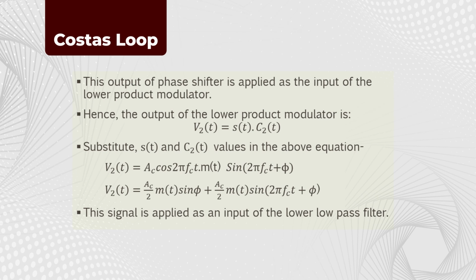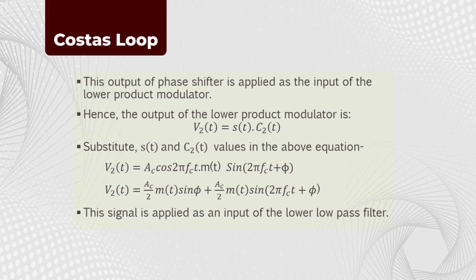This output of the phase shifter is applied as the input of the lower product modulator. Hence, the output of the lower product modulator is given by v2(t), which is equal to s(t) times c2(t).